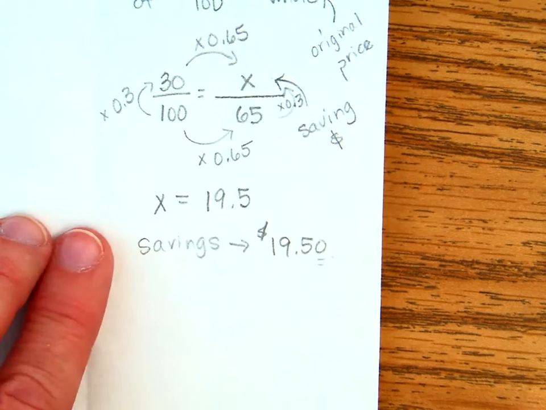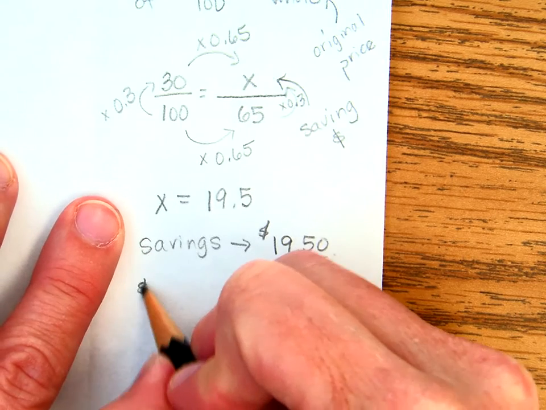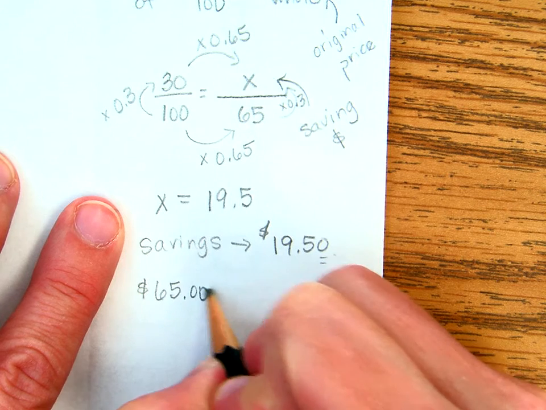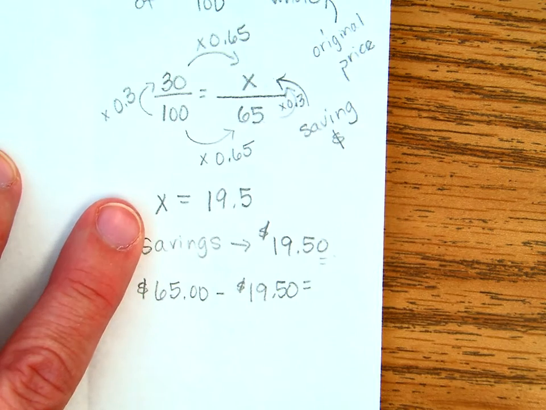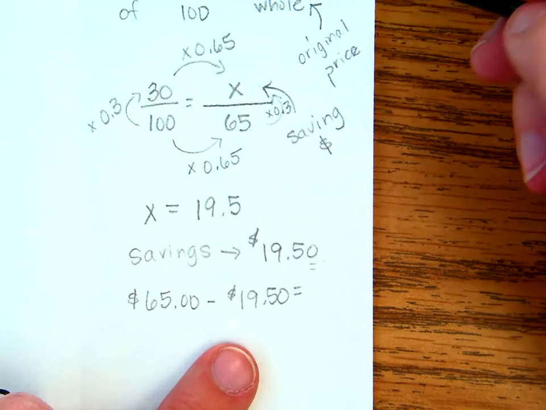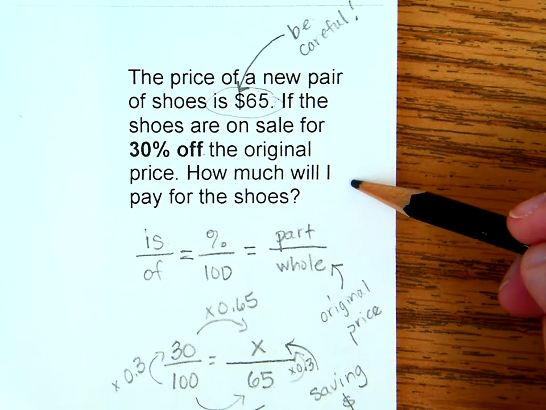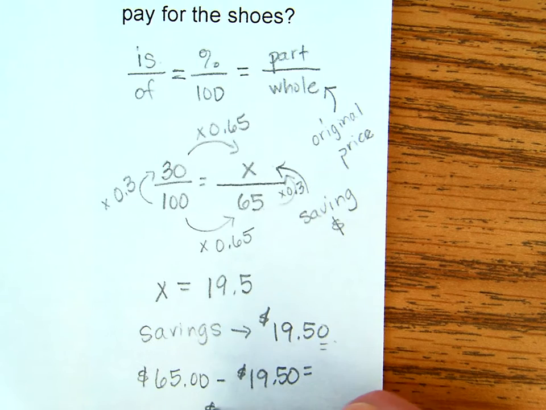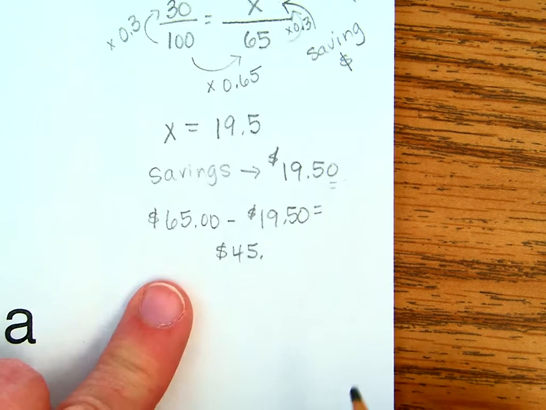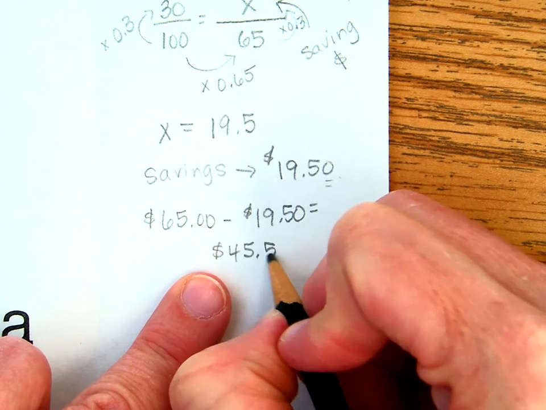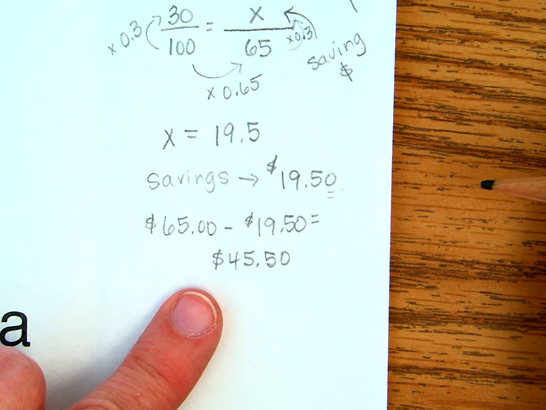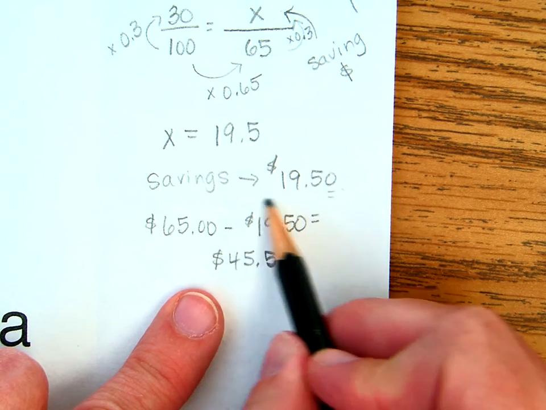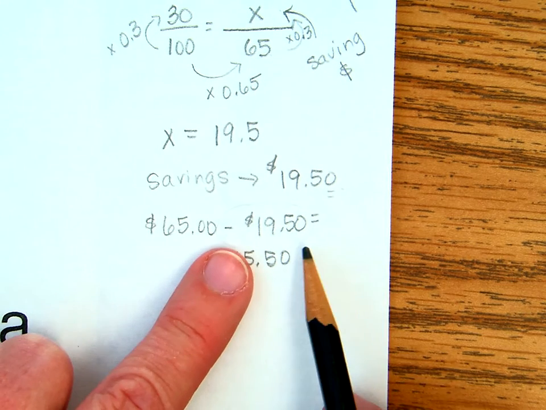So if I'm going to save $19.50 off of the original price of $65, then the price I'm going to pay for the shoes, which is the question that I'm answering, how much will I pay for the shoes? It's going to be $45.50. Anytime you have a percent off, off means that we're subtracting something. So we're going to here be subtracting the dollar amount of our savings.